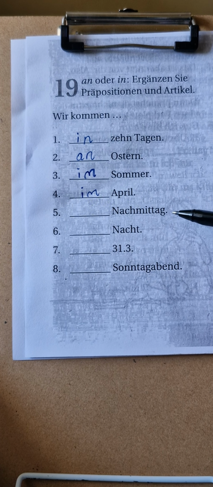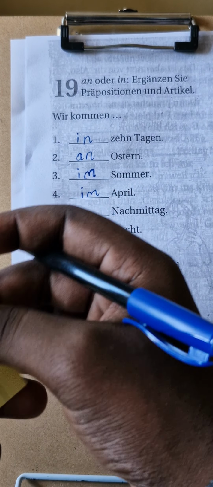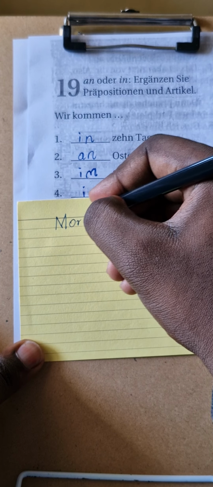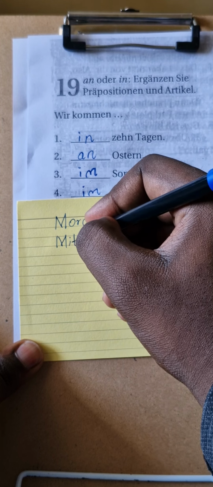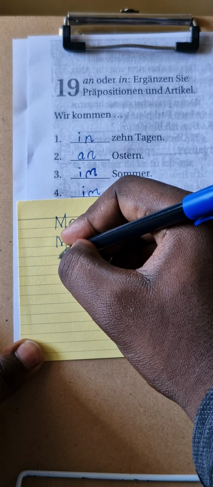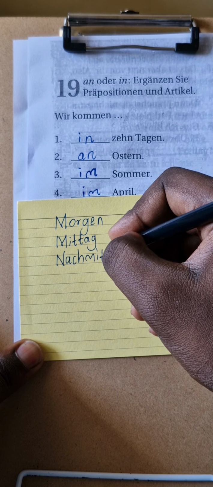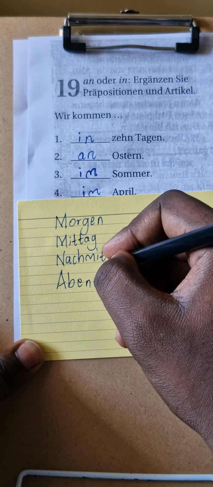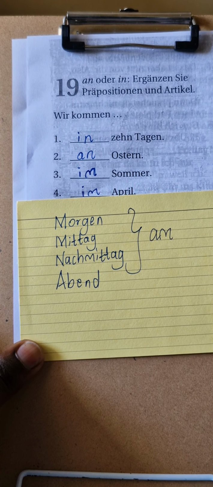Nachmittag. Now for the times of the day, that is Morgen, which is morning, and then we have Mittag, Nachmittag, and also Abend. For the times of the day, all of these will use am.